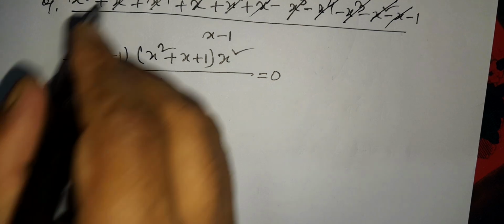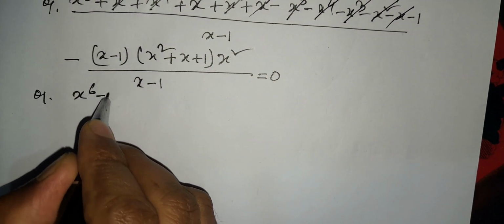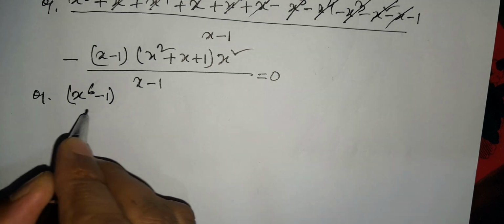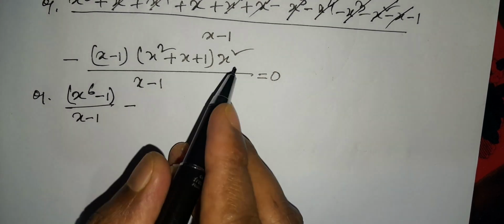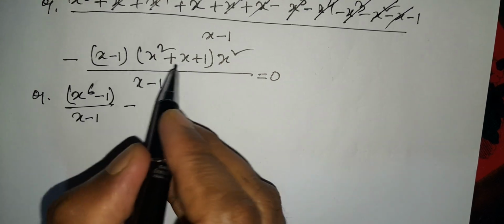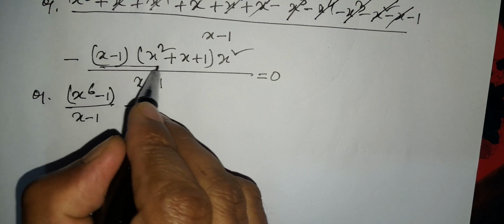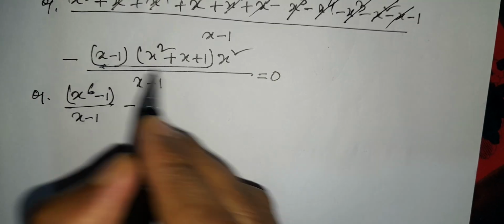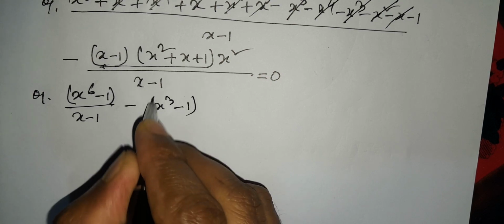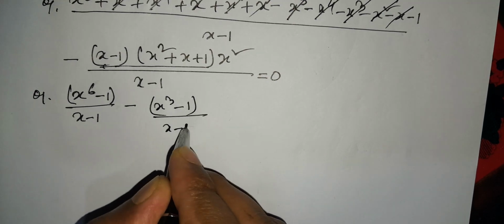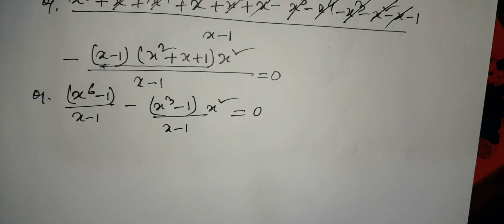Okay, here we get x to the power 6 minus 1 by x minus 1, minus, from here we get x cube minus 1 by x minus 1 into x square equal to 0.